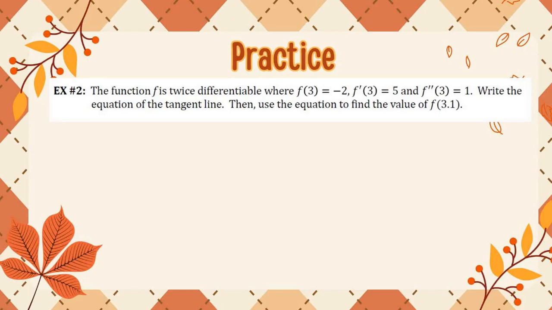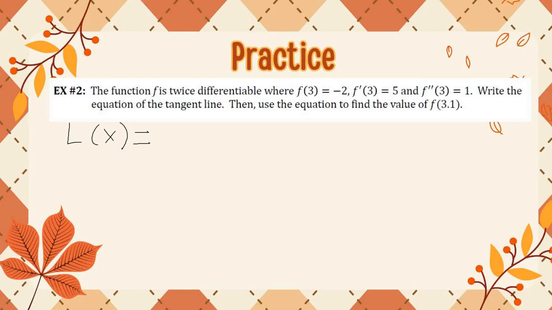So it says that this function f is twice differentiable, where f of 3 equals -2, f prime of 3 is 5, and f double prime of 3 equals 1. Write the equation of the tangent line, and then use the equation to find the value of f of 3.1. So what are we going to do? It might be helpful to start with our formula, right? L of x equals, what's my a value this time? 3.